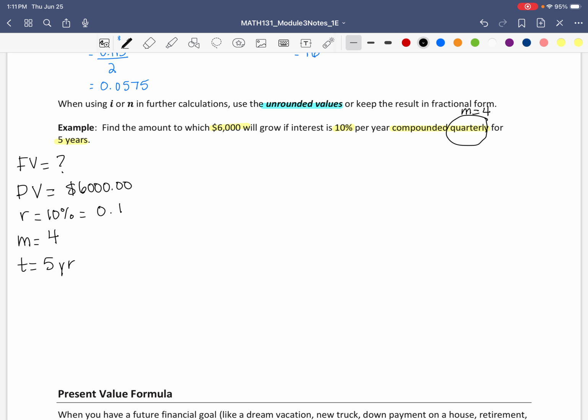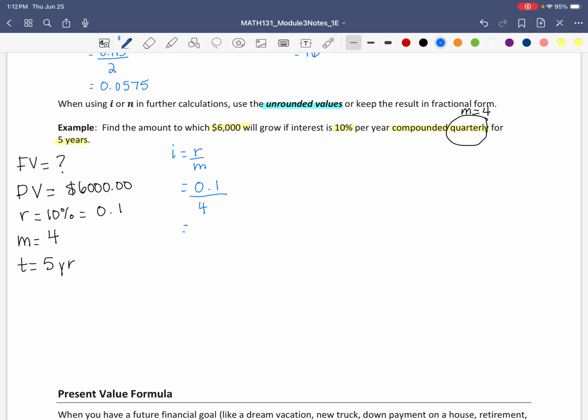Okay, so before we get into the formula, we actually have to, again, do that work to solve for our I value, which remember is just R over M, and also our N value, which we'll get to next. So our I value is going to be equal to our R value, 0.1, divided by 4.